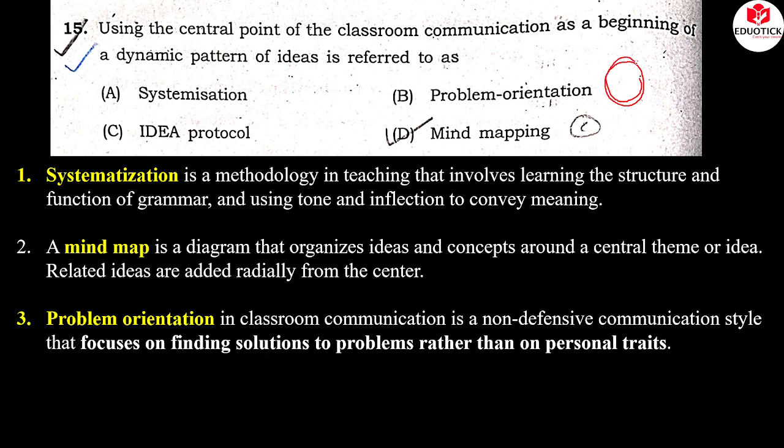If I am explaining some topic, I will write the main topic here in the center, and then the related ideas to this topic, I will write like this, making some box, and I will put something. So I'm just giving you an idea. It's not like that actually.